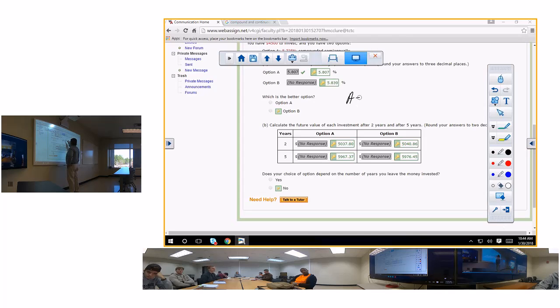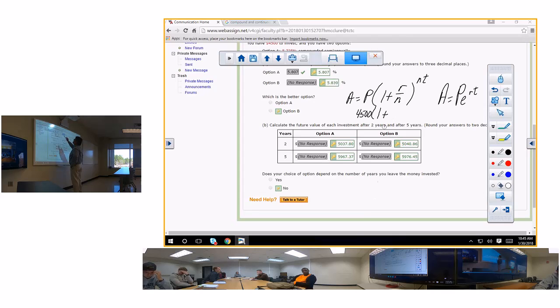A is equal to P times 1 plus R over N raised to the NT power. And A is equal to P E to the RT power. Yes, that's right. And P here is 4,500.